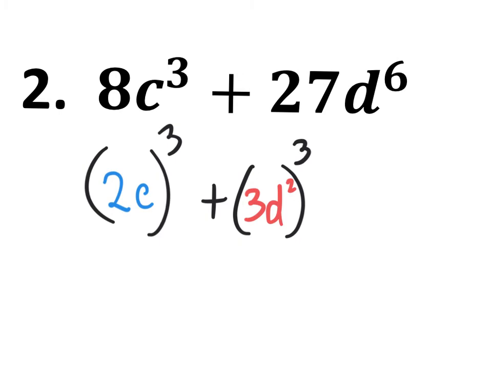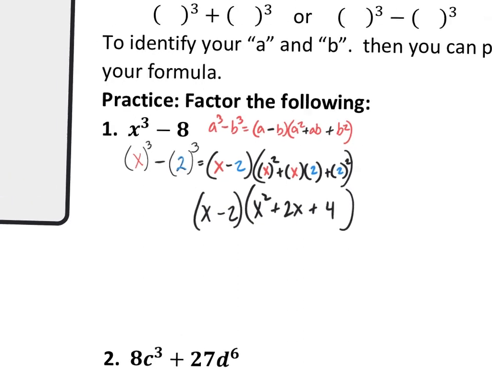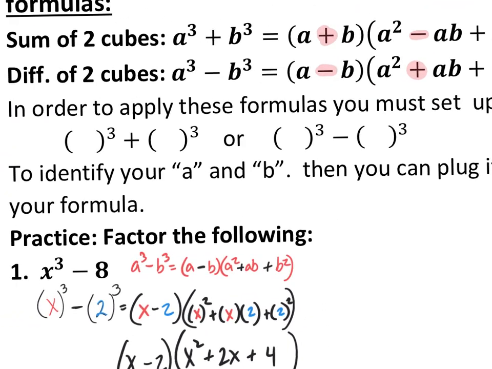So we have identified by us setting this up, and that's why I printed it on the notes. You need to be able to set up, if it's a sum of two cubes, parenthesis cubed and parenthesis cubed, or if it's a difference of two cubes, parenthesis cubed and parenthesis cubed, because that's the only way to identify what your A value is and what your B value is.